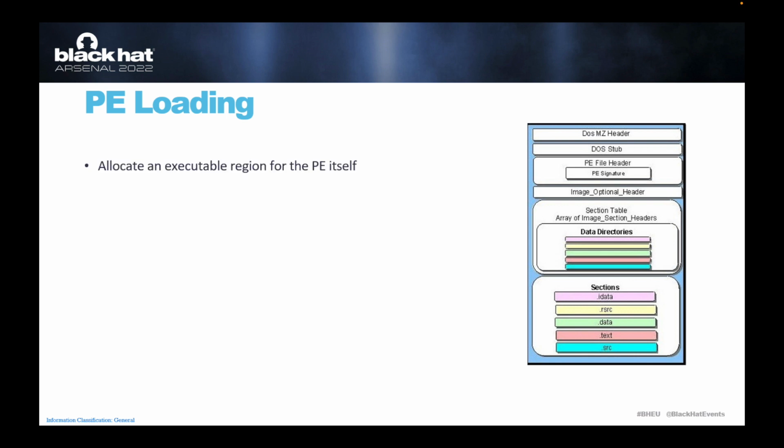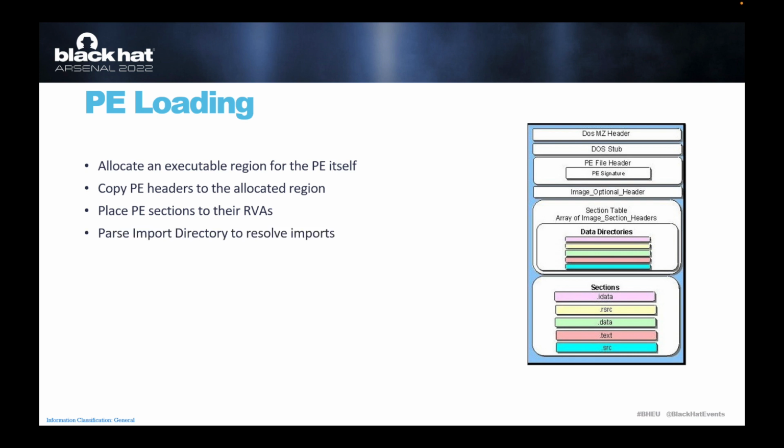For PE loading, the appended shellcode will do the following steps. It will first allocate an executable region with the size learned from the size of image field. And it will copy the decrypted PE headers to that region. Then, it places PE sections to their corresponding relative virtual addresses.